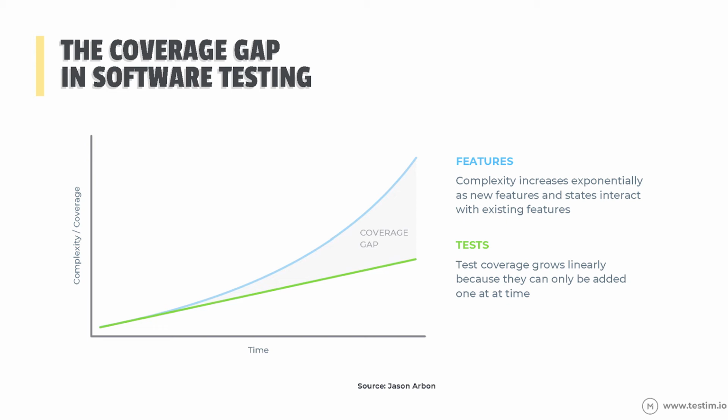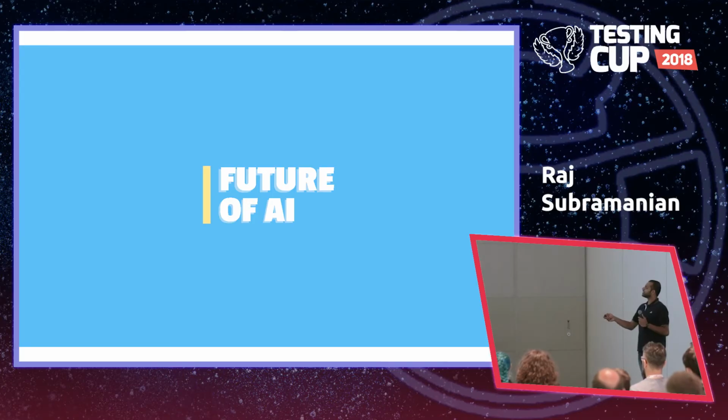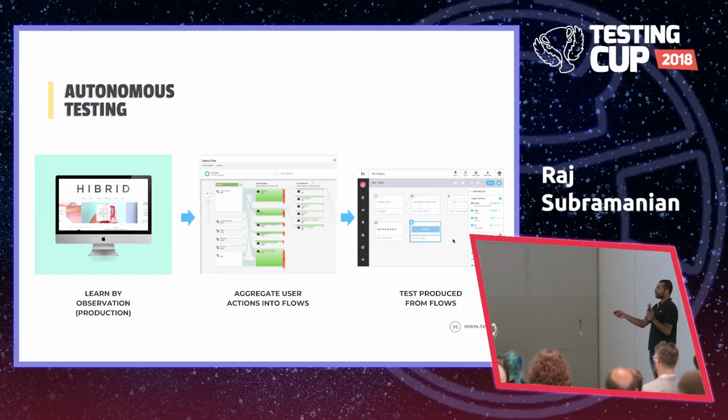So next one, I wanted to talk about the future of AI and some of these things which we are already using right now in our software, but I know other people are doing other stuff as well. But I wanted to show you some things which people are using AI right now for software testing. So one is autonomous testing, where the AI starts learning by observation.